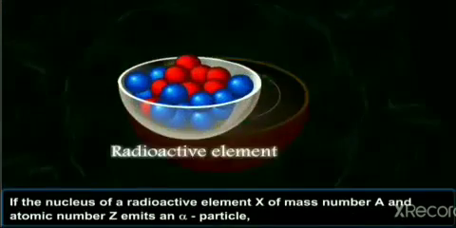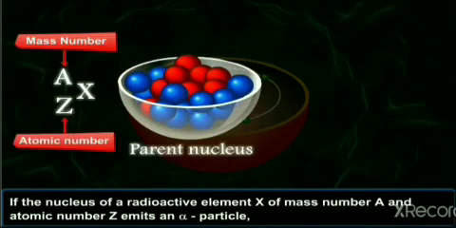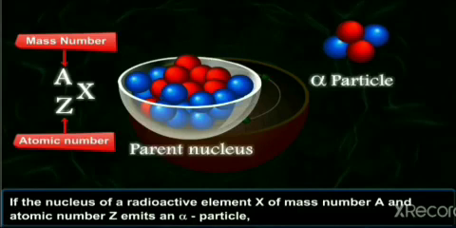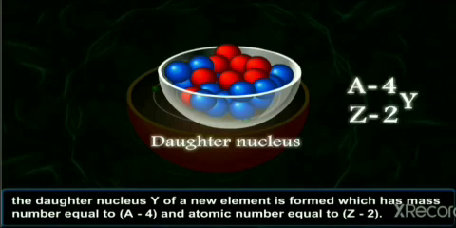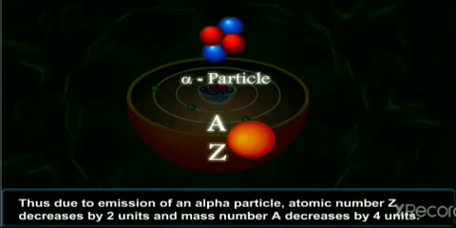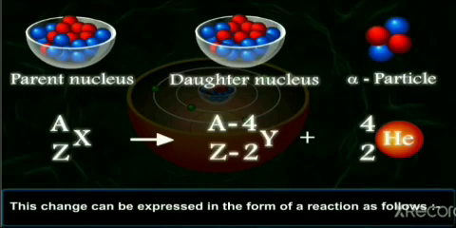If the nucleus X of a radioactive element of mass number A and atomic number Z emits an alpha particle, the daughter nucleus Y of a new element is formed, which has mass number equal to A-4 and atomic number equal to Z-2. Thus, due to emission of an alpha particle, atomic number Z decreases by 2 units and mass number A decreases by 4 units. This change can be expressed in the form of a reaction as follows.